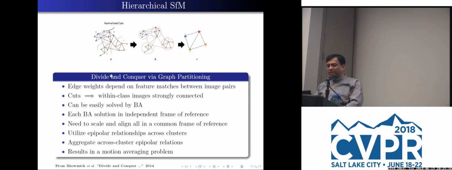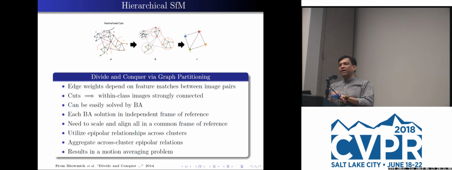I'm going to just quickly schematize it in the following fashion. So let's say this is your view graph. You use some way of partitioning it into individual subgraphs, right? Now look at this schematic. These are individual problems. I take the full set of cameras and I partition it. Let's say I partition it into 4 sets. And now within each set, I solve it.